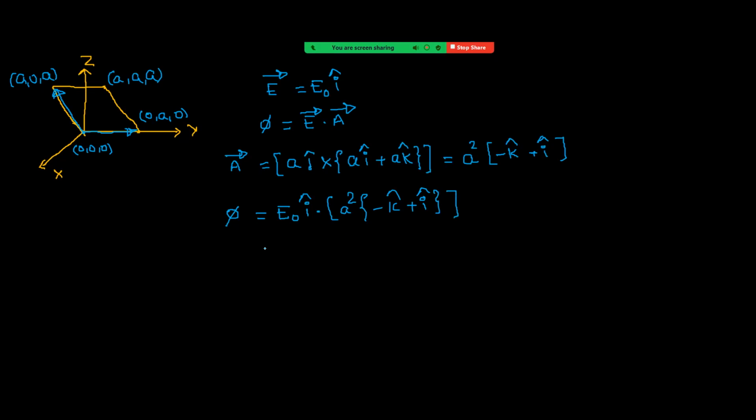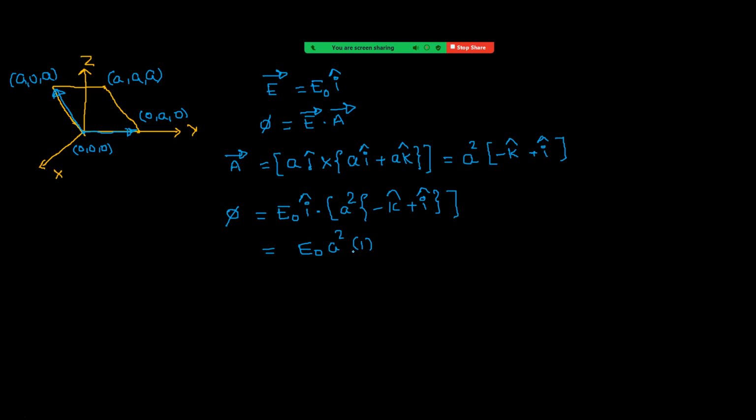Now see what we get. Take a square outside: E naught a square. The remaining is i cap dot minus k cap, the angle is 90, so 0. And i cap dot i cap is 1, so times 1. So the answer is E naught into a square.